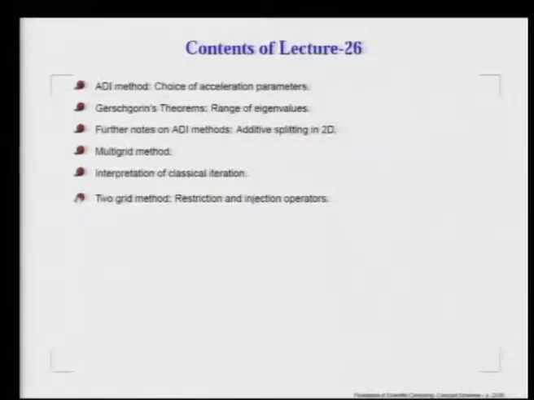As an example, we begin the discussion with the 2 grid method. That is essentially one coarse grid and one fine grid, and we introduce the various operators involved in the multigrid method, namely the restriction operator and the injection operator.